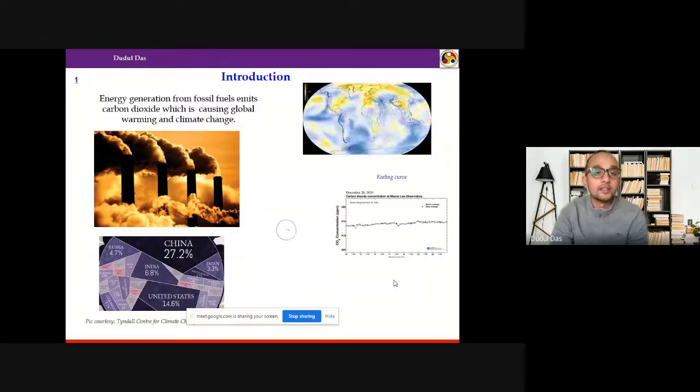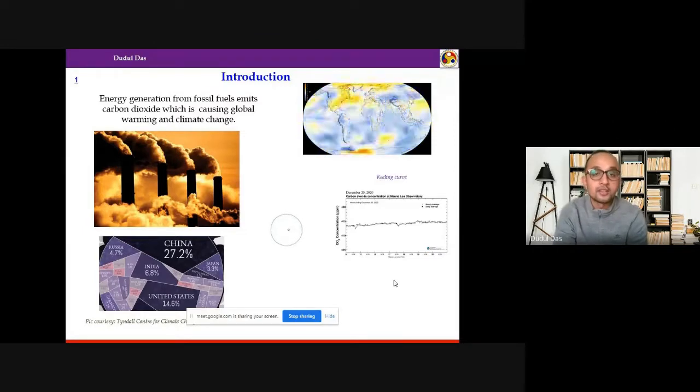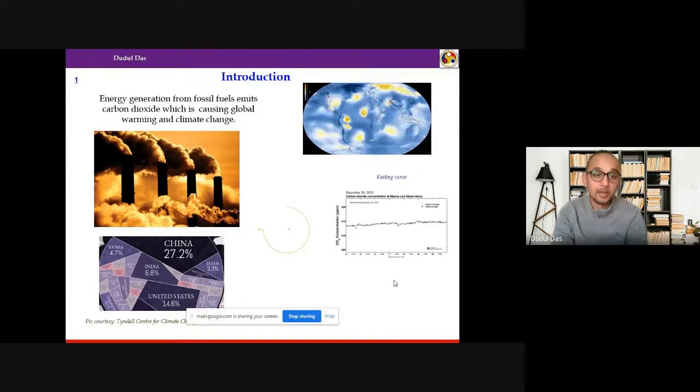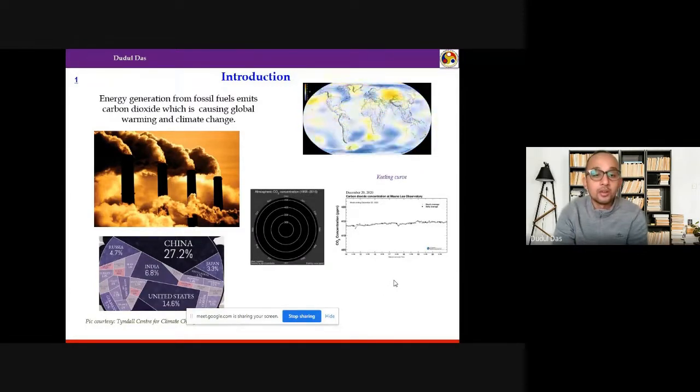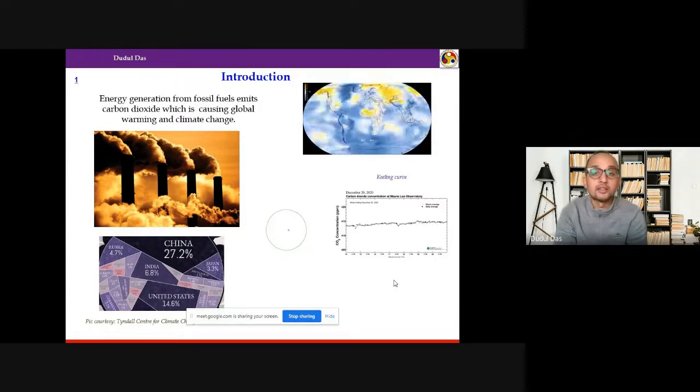So I think this is the most common slide from the last 23 lectures. When we talk about energy, we straight away go to the different aspects of climate change. As we know, the global greenhouse gas emission has reached the peak level, and being an Indian, we are somewhat responsible because we are the third largest emitter of greenhouse gases in the world after China and United States.